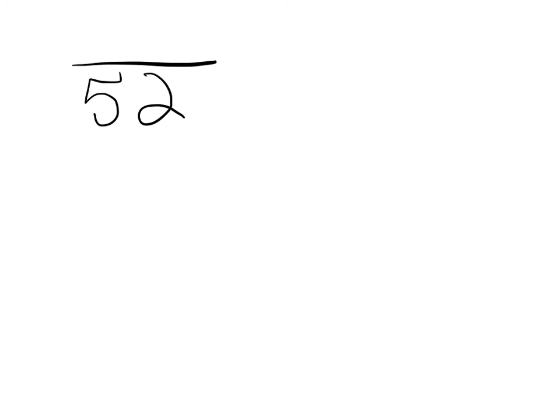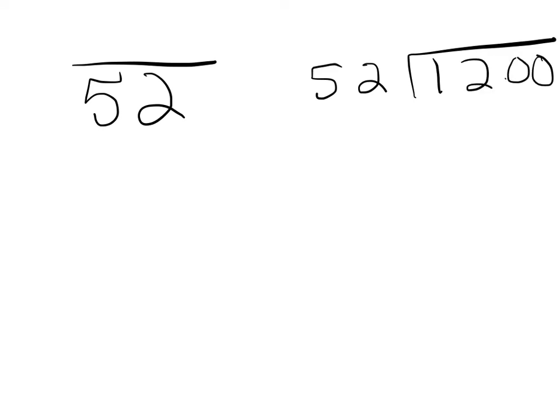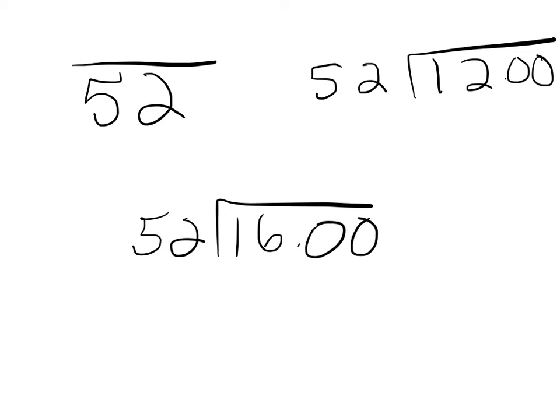Well, you can do 2 calculations. You can go 52 divided into 12 and check that out. You can go 52 divided into 16 and check that out and see which is the correct proportion. So 52 goes into 120 twice.